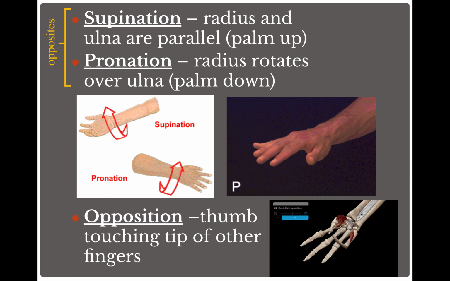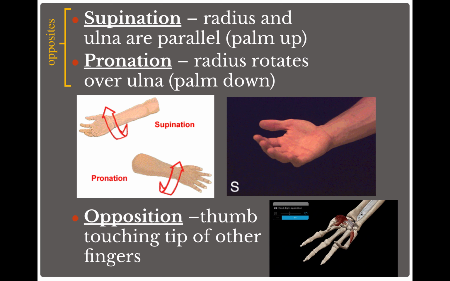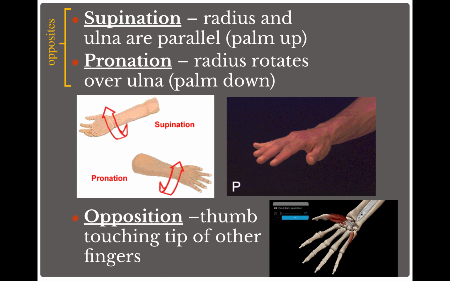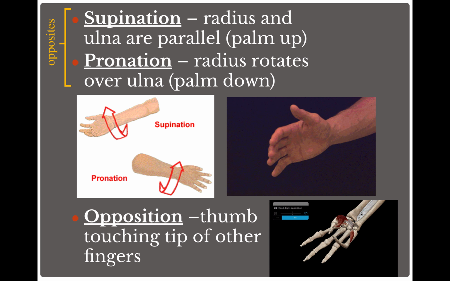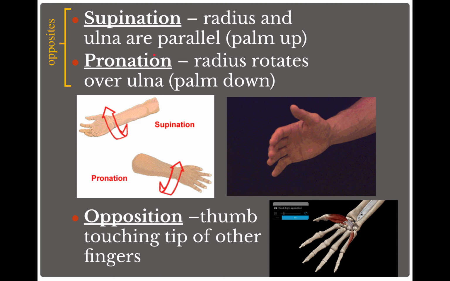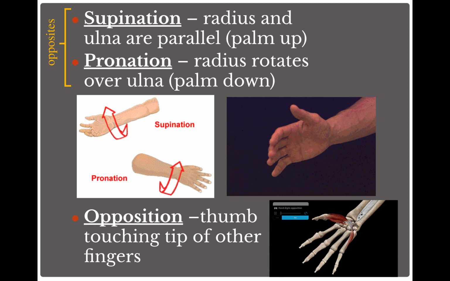And then we have the terms supination and pronation. And again, these are terms related to the highly movable areas of your body that can be an issue. So we have supination, which is where the underside of your hands or feet are palm up. And pronation is where the bottom sides of your feet or palms are bottom down, or palm down in this case.